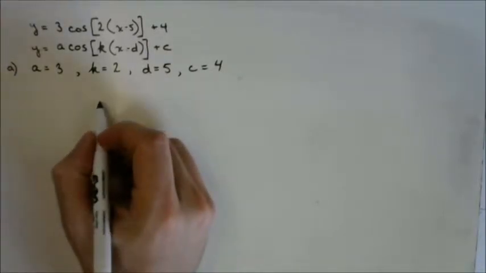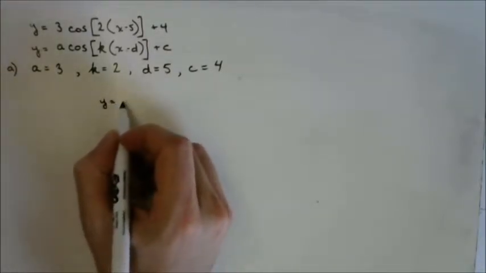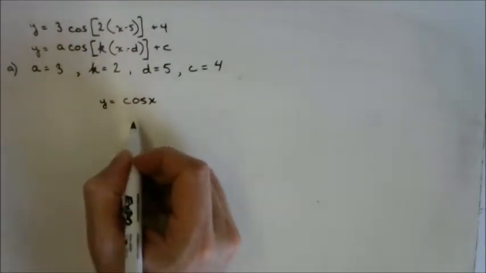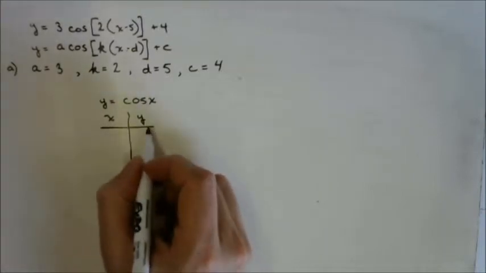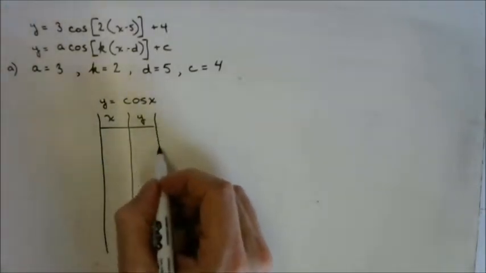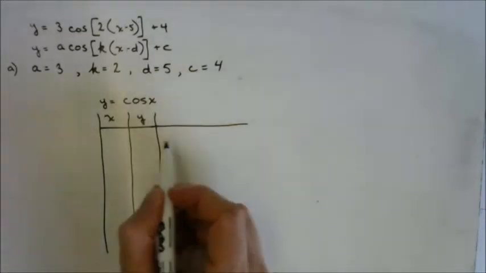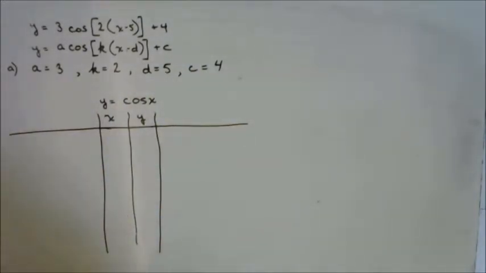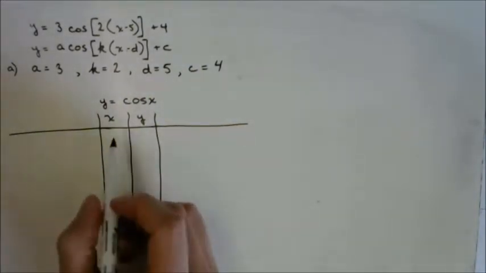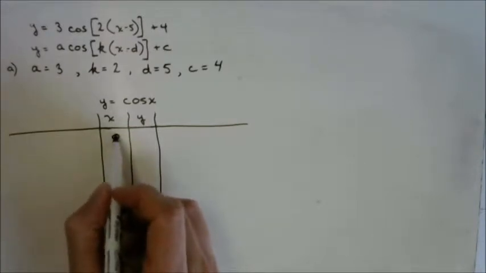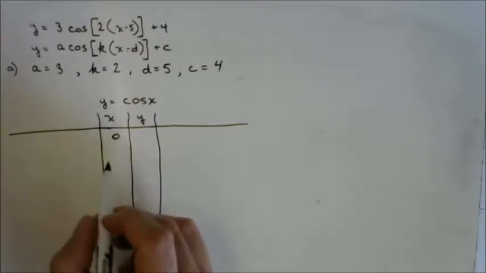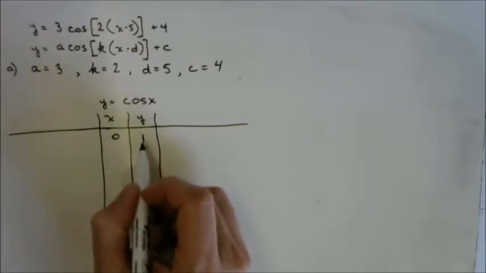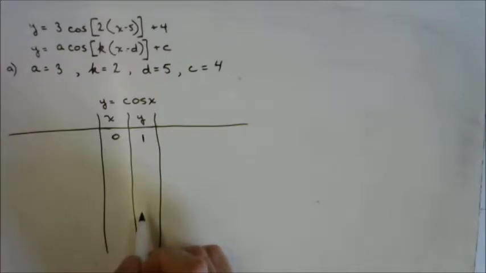In your extended table of values, you're starting with y equals cosine of x, and filling in the x and y values for cosine of x where there are no transformations happening yet. So what are those values? Let's start with 0, and what are some of the key points along that cosine? Cosine starts at 1, right? A max of 1. You should be fairly familiar with the cosine wave at this point.